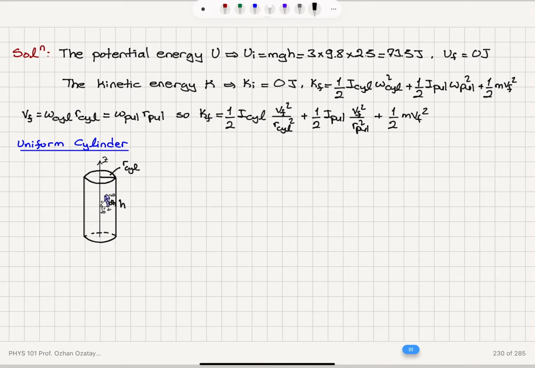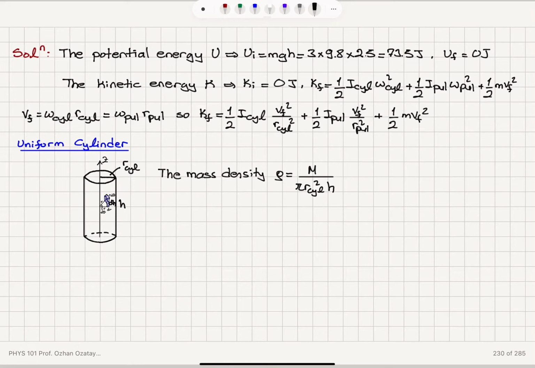Okay, so with that, if this is a uniform cylinder, we can write the mass density rho as the total mass of the cylinder, capital M, divided by pi r cylinder squared times h, the volume of the cylinder.